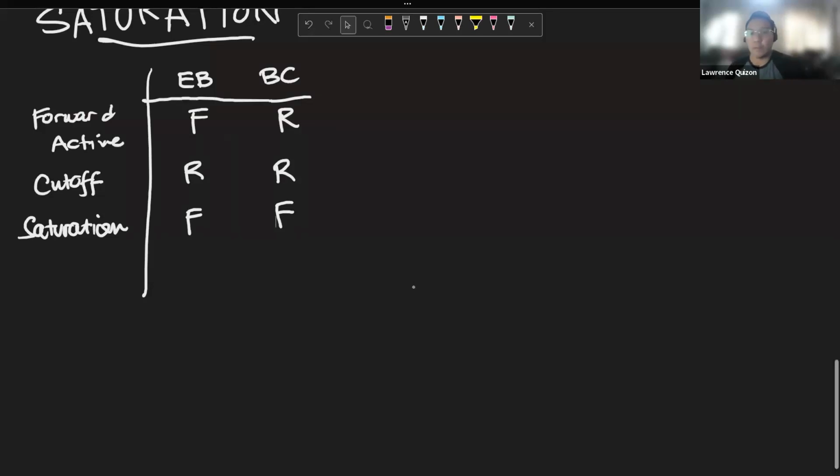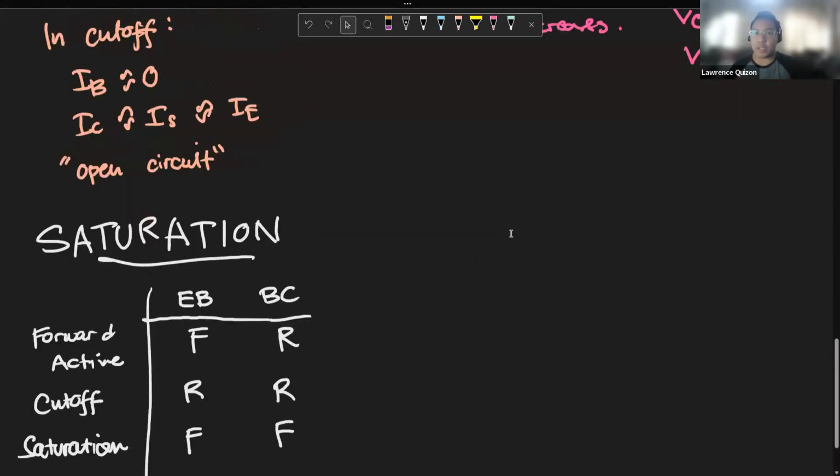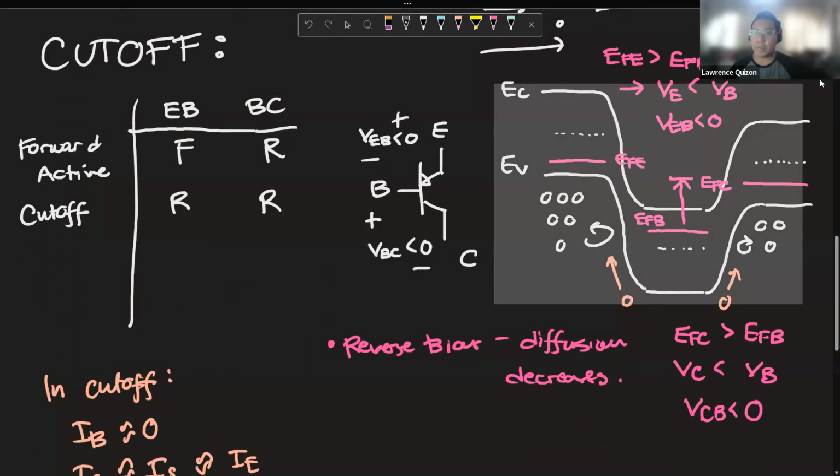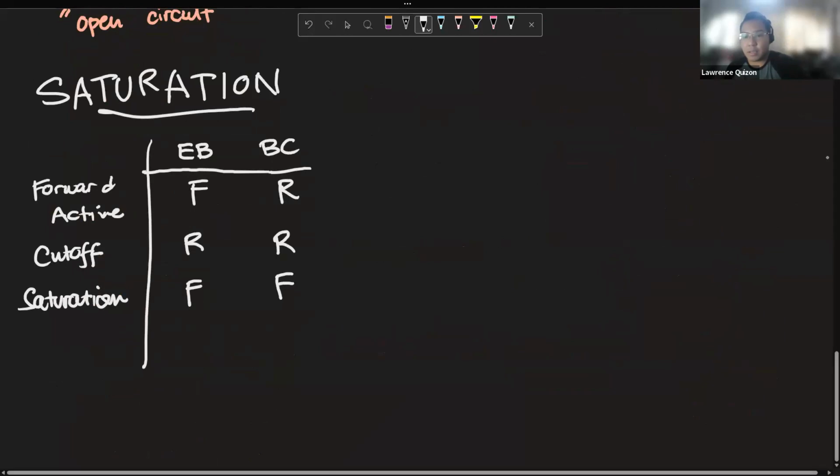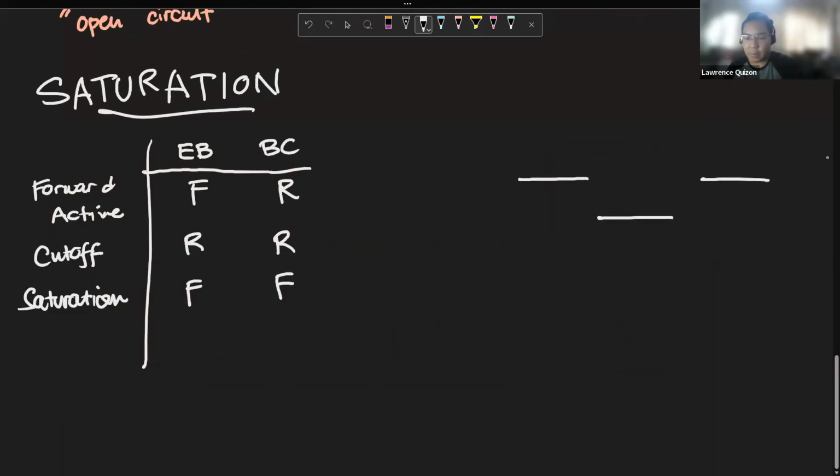So what would it look like? As opposed to this, it's going to get flatter. So it's going to have small barriers on both sides. VCE equals 0.2 volts, VEC equals 0.2. So it has to be slightly higher.